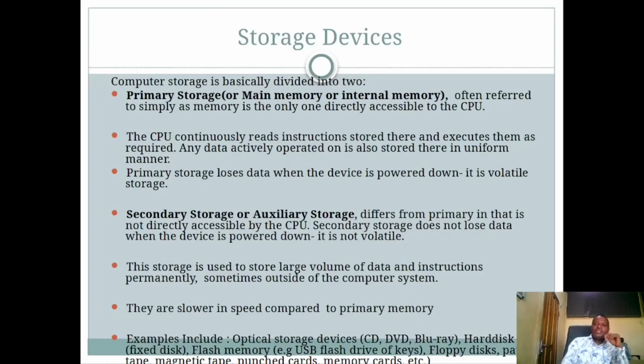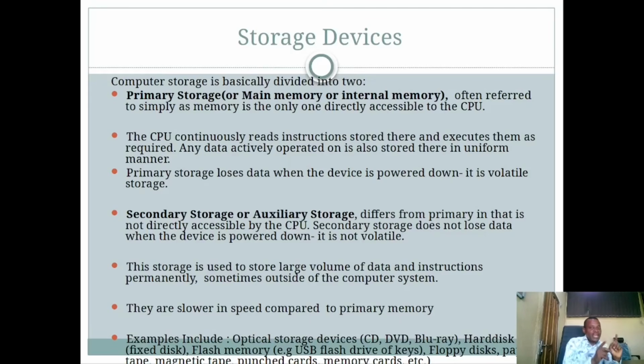Now we have the secondary storage. Secondary storage or auxiliary storage is the second storage after primary storage. Remember, like I mentioned in the last class, primary storage or primary memory loses data when the device is powered down.